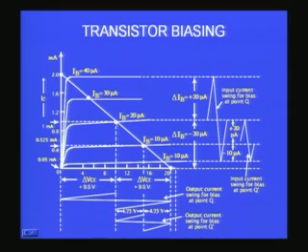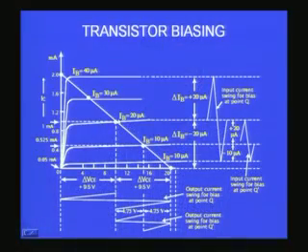But this also brings in the concept that there is only a limited amplitude of the signal that I can apply without distortion to get it at the output. So, if my input signal is too large, that means it goes more than 20 microamperes on either side, I will enter into the cutoff region and the saturation region, and therefore it will lead to some distortion at the output.